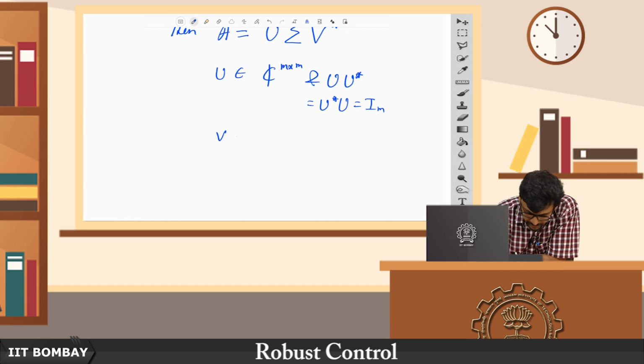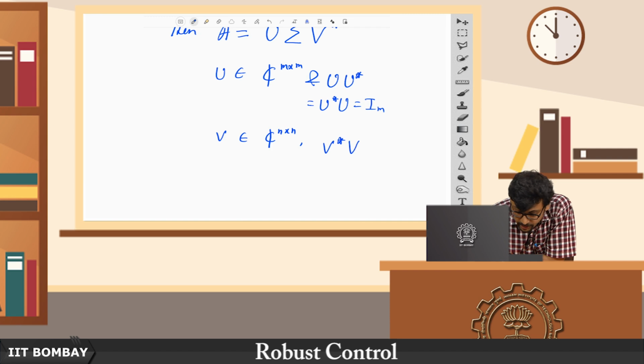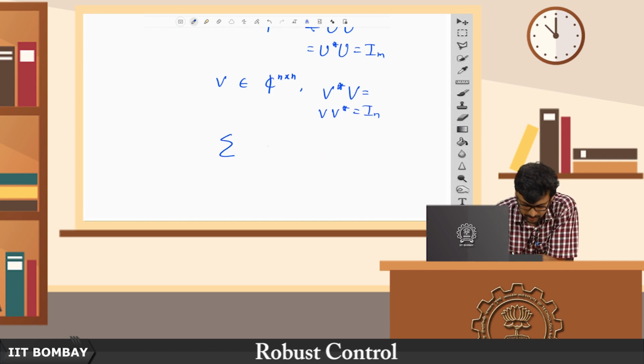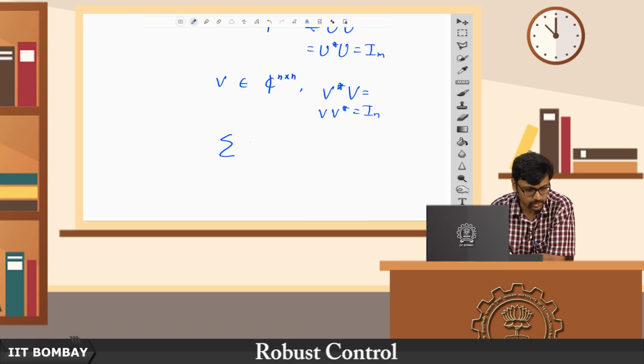V is of size n cross n, where again, these are unitary matrices, V star V is equal to identity of size n, and Sigma looks something like this.